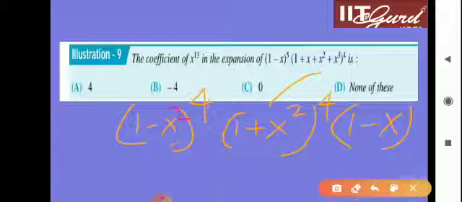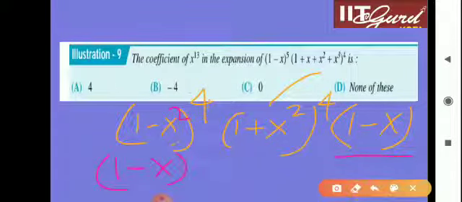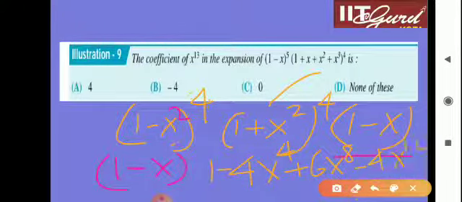And later on you have to find 1 minus x, this one, separately you write, and later you combine these two terms, and then you can say 1 minus 4x to the power 4, plus 6x to the power 8, minus 4x to the power 12, and then plus x to the power 16.